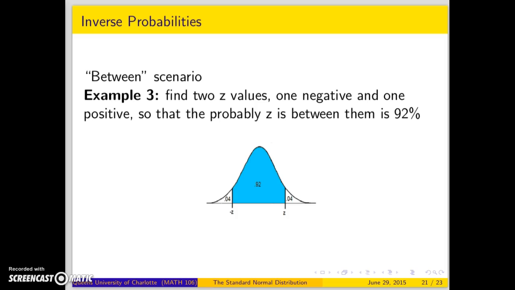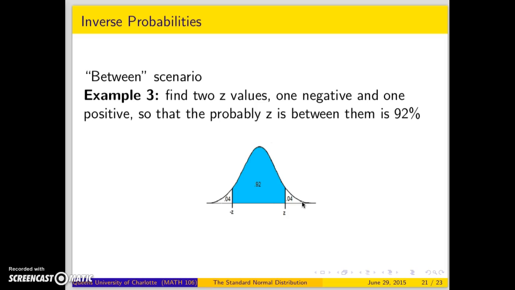So now let's go finally to the between scenario. These are always symmetric, so that means we're looking for two values that are equal distance from the middle, so that the probability between them is some given value. In this case, 0.92. If we have 0.92 in the middle, that means we have 1 minus 0.92 on the outside, because this whole area is, again, equal to 1.